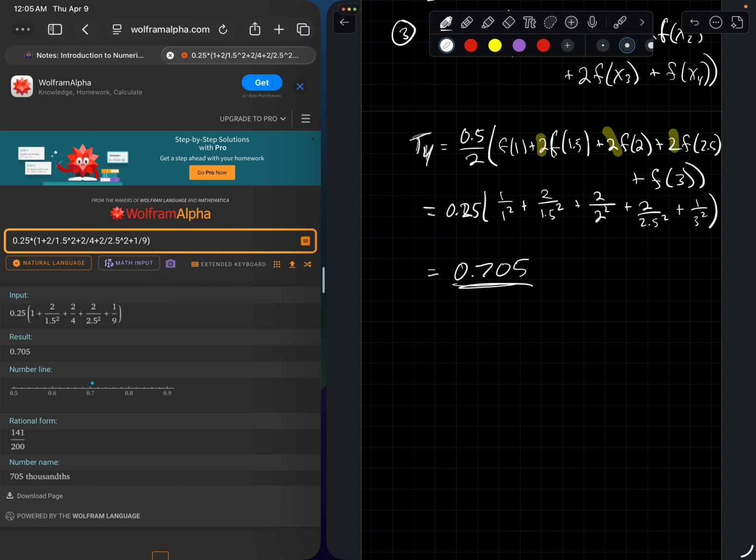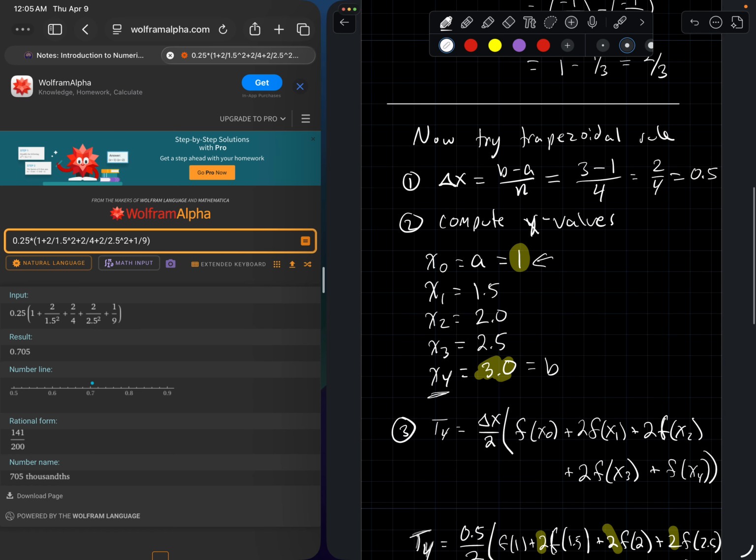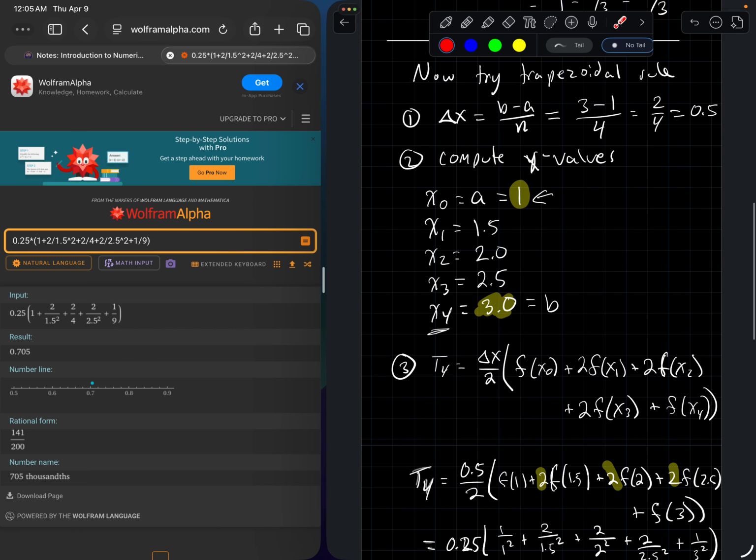Okay? Now, having said that, the key to doing the trapezoidal rule properly, right? I feel like step 1 here was relatively simple. Calculating the x values is relatively simple.